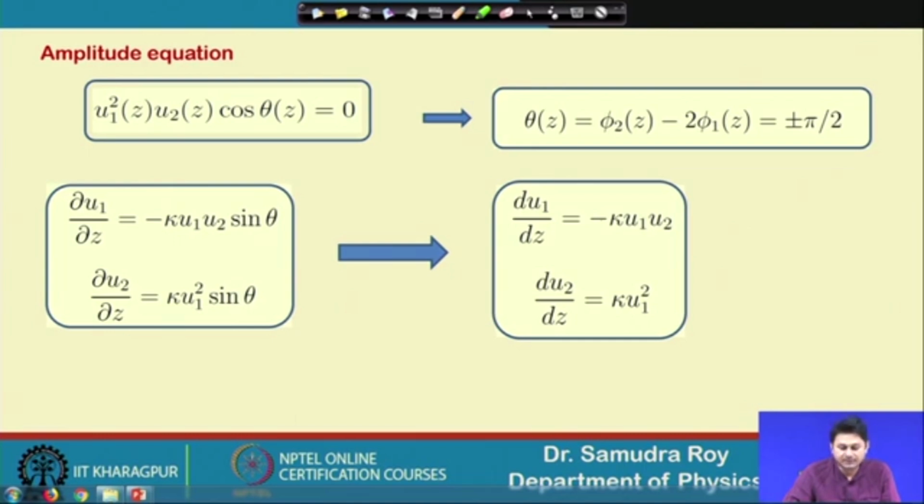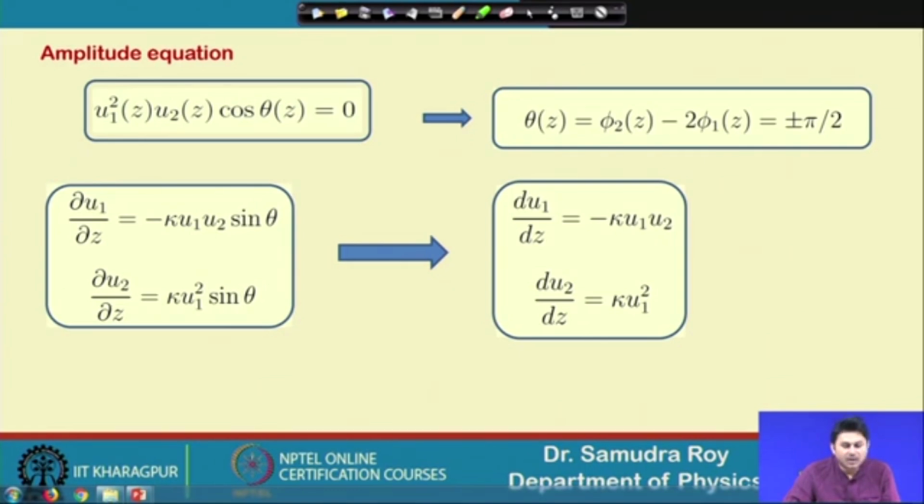That is interesting. Now, if I put this value theta as pi by 2, then these two equations shown downstairs, du1/dz and du2/dz, which are the evolution of the amplitudes of u1 and u2, can be written in terms of theta: kappa u1 u2 sin theta and kappa u1 square sin theta.